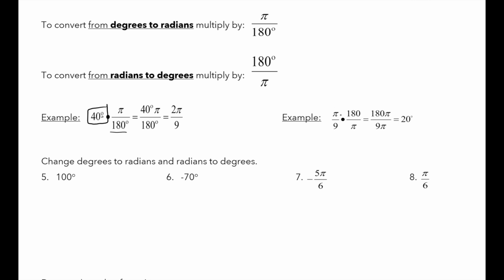If I'm starting with radians, like pi over 9, I would do the opposite. I need to get rid of pi and bring degrees back in, 180 degrees. So when I multiply this straight across, I get 180 pi divided by 9 pi. Pi divided by pi is 1, and then 180 divided by 9 is 20, so 20 degrees.